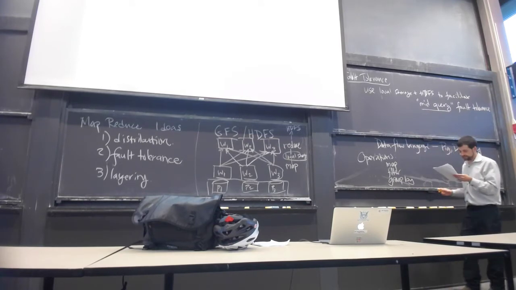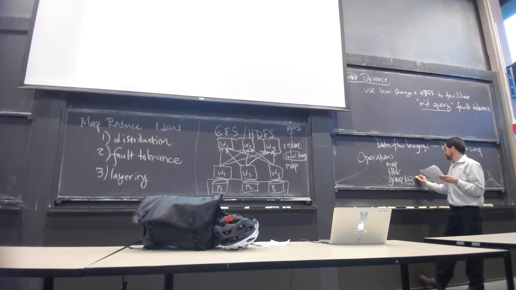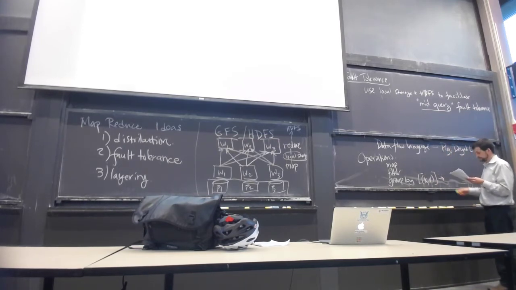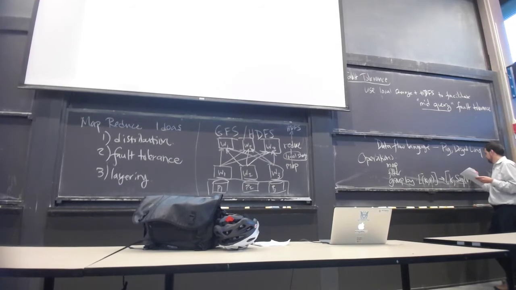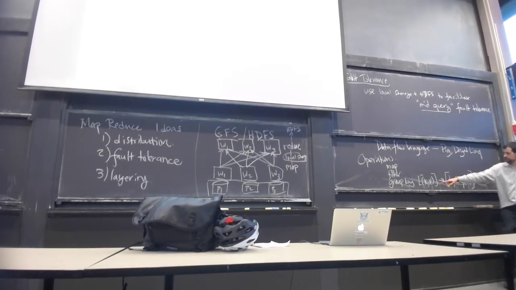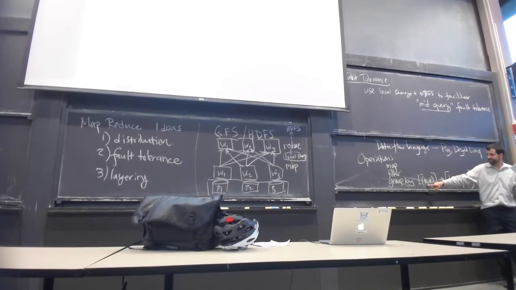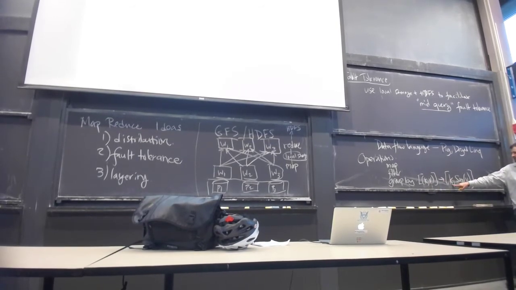So what group by in their notation does is it takes a set of key value pairs, and it maps it into a key and then a sequence of all the values that correspond to that key. So this is their notation. Okay, but this says you take all the occurrences of this key in the input, and what you get is a key and then a sequence that contains all the values that appeared with that key.